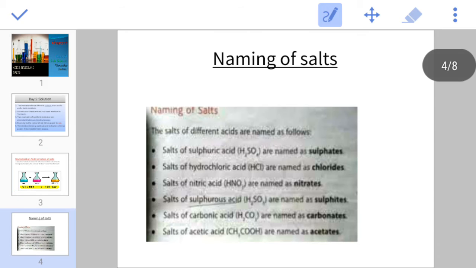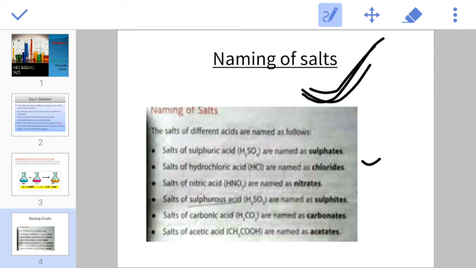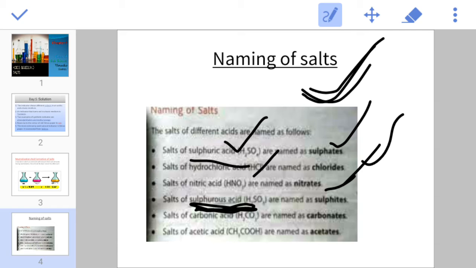Next topic, we have the naming of salts. How can we name the salts? I will explain the first one. If we are using sulfuric acid to make the salts, they are termed sulfates. If we are using hydrochloric acid, they are called chlorides. If we are using nitric acid, they are called nitrates. Sulfurous acid gives sulfites.